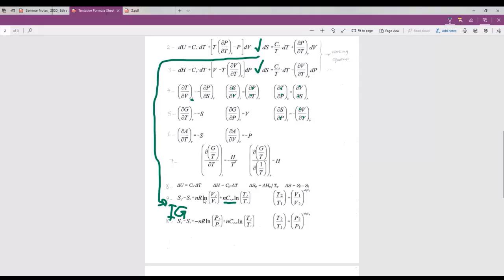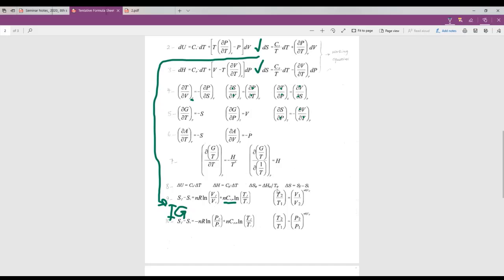You can use them for adiabatic, isobaric, isochoric, isenthalpic, isothermal, and other processes. So you can use them for any process that you can think of. But the only thing is, it must be ideal gas, and CV must be constant in this first equation, CP must be constant in this second equation.